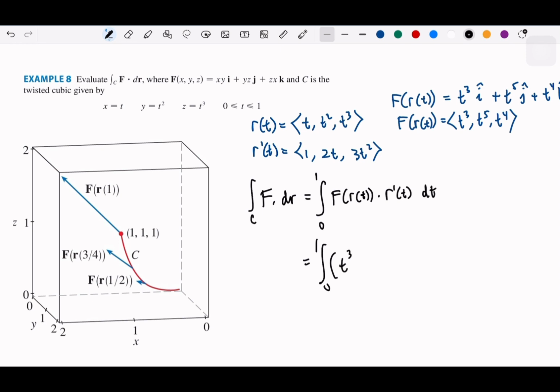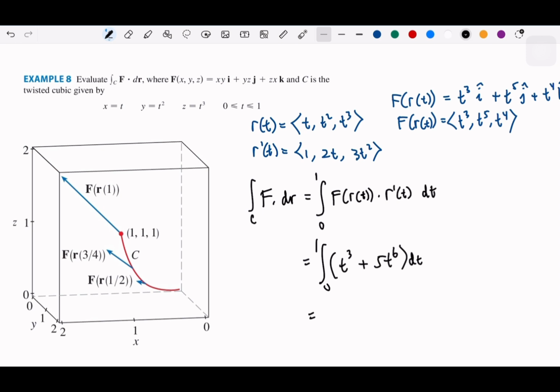So t cubed plus the y component, t to the 5, times 2t, so 2t to the 6. And then t to the 4 times 3t squared becomes 3t to the power of 6, or I will combine these two, becomes 5t to the power of 6.